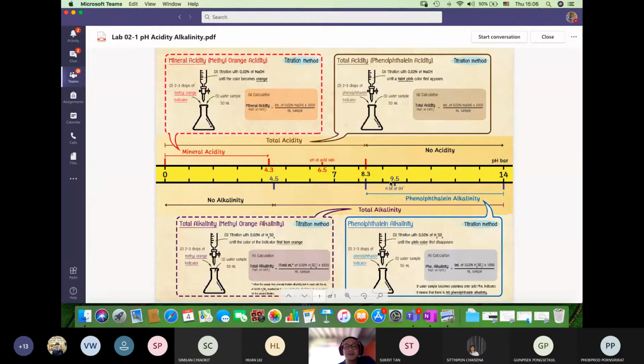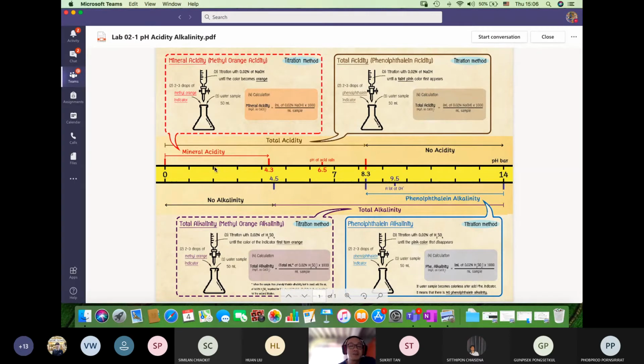This is the pH scale, and you can have a look again. If the pH is around 6.5, what you can find is only total acidity and total alkalinity.